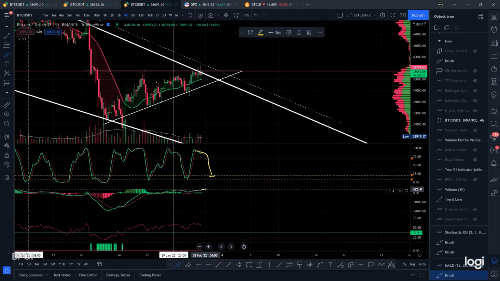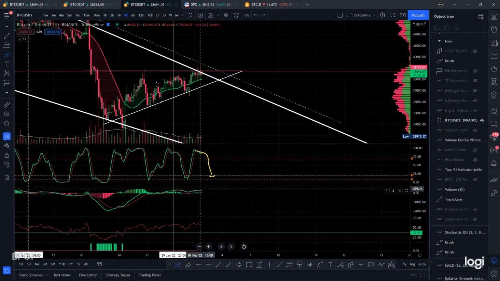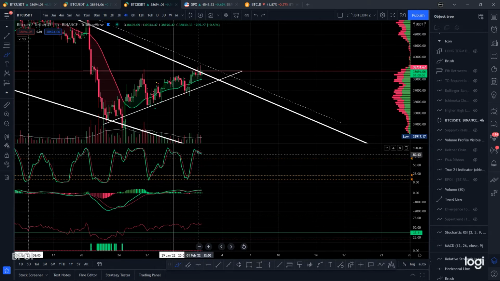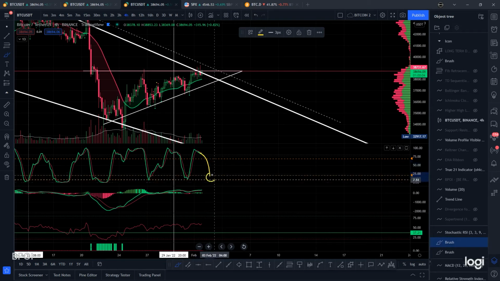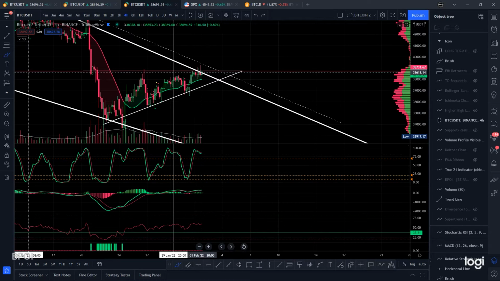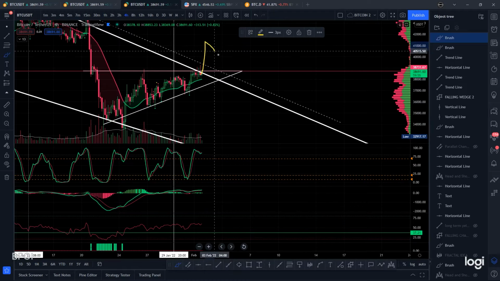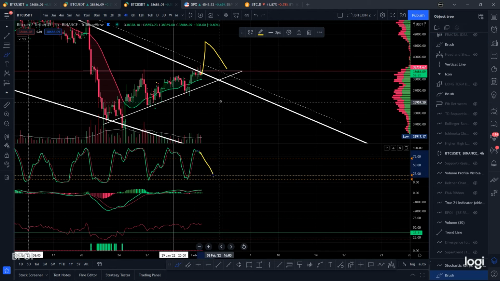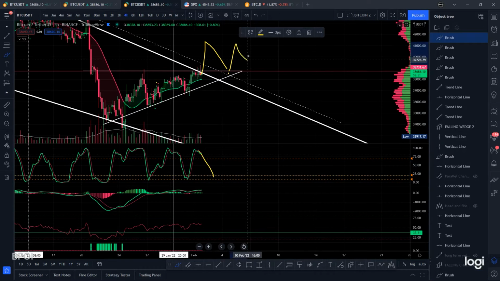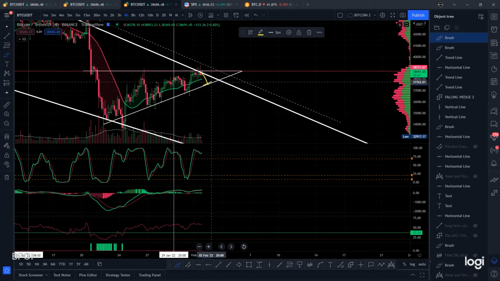You've got to expect the MACD potentially to roll over, possibly turn bullish again, but at some stage these need to reset to oversold before they move up again. If that happens, then unless we have a lot of volume come in and a strong move up, and then essentially a reset and a move down to then continue higher, there's a strong probability that we're going to test this lower trend line.